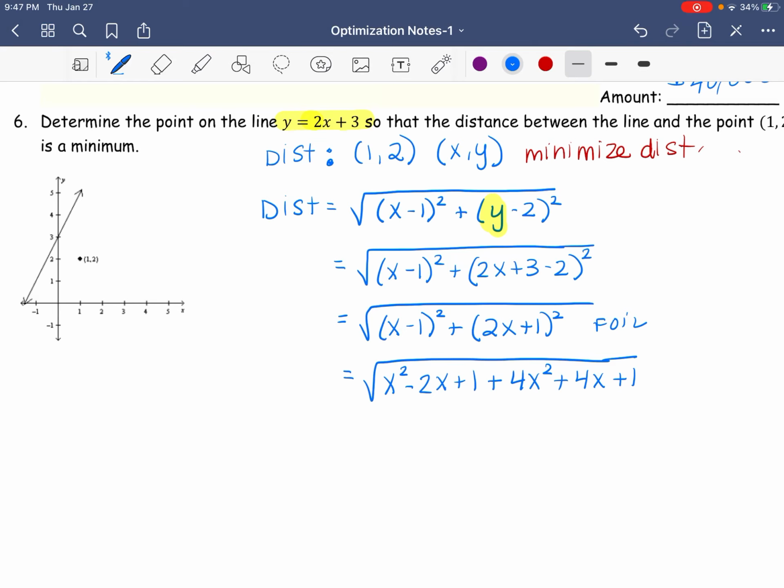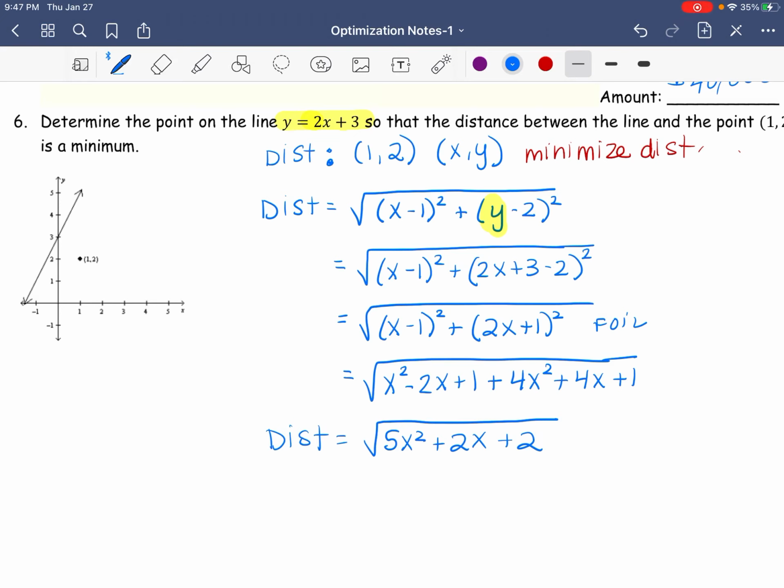I'm going to combine up all my like terms, and I have 5x squared plus 2x plus 2. That's what I need to minimize. So that's what I need to take the derivative of.